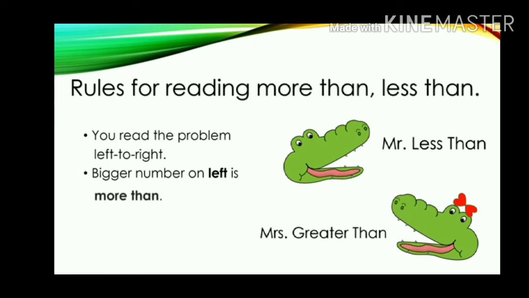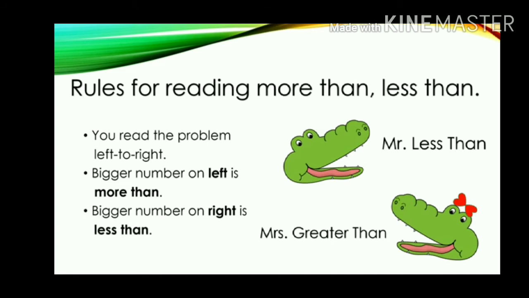Second, the bigger number on the left is more than. Third, the bigger number on the right is less than. Remember these rules, they help you know about more than or less than. Understood? Now we will see the examples.